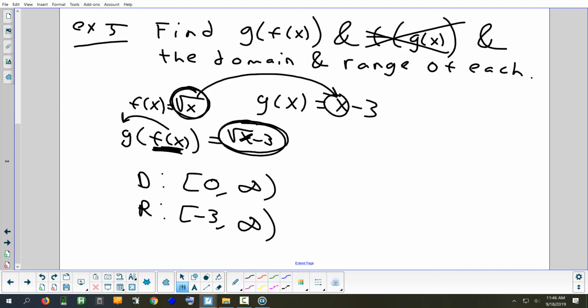Minus 3 is not important. When you're looking for domain, all I have to really focus on are square roots and dividing by 0. So the only part of this final answer that's actually important in terms of domain is this part right here. If that was a minus 4, it wouldn't have changed my thoughts on the domain at all. If it was a minus 5, it wouldn't have changed my thoughts on the domain. Okay? It would have changed the range, but it wouldn't have changed the domain.